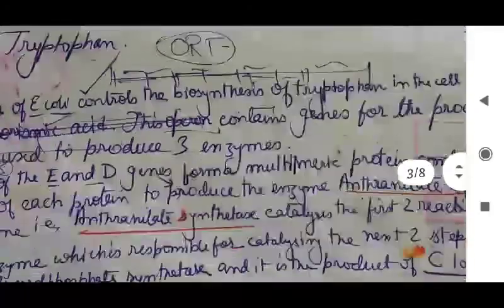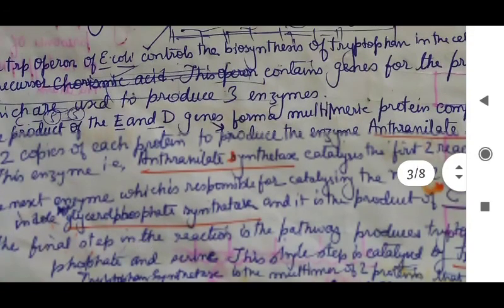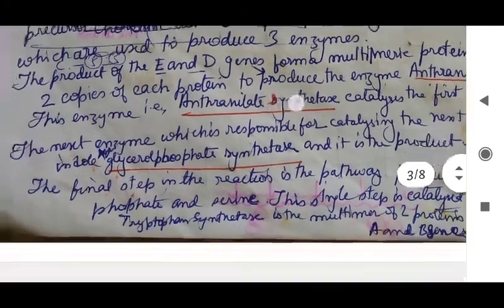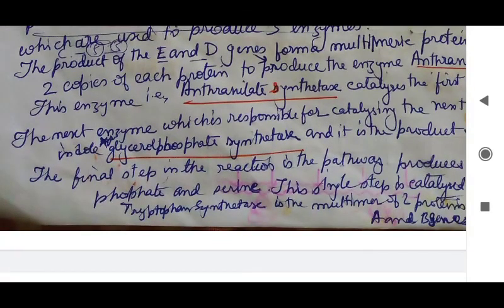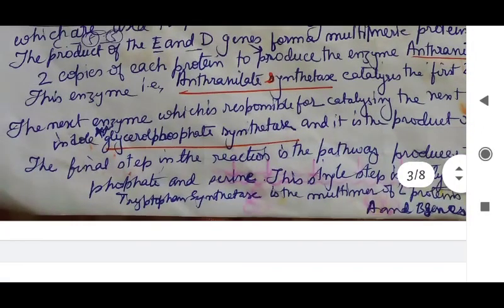So after the first two reactions, as catalyzed by anthranilate synthetase, the next enzyme will be catalyzed by a domain found in the TRPC, the indole glycerol phosphate synthetase, and it is a product of the TRPC locus. That means within the locus of the TRPC gene, this indole glycerol phosphate synthetase domain is contained.